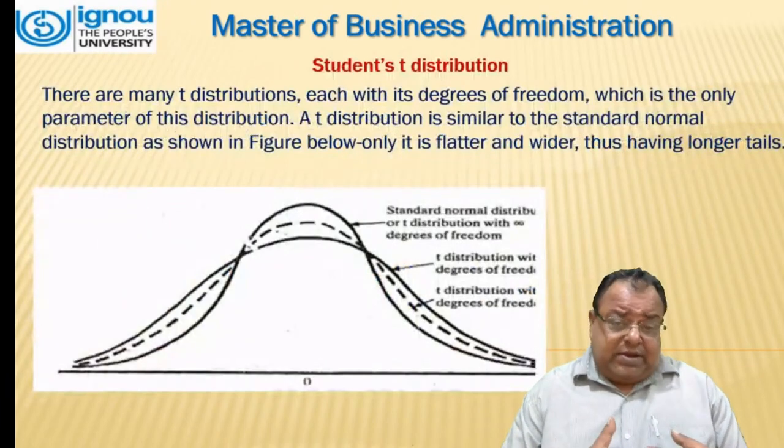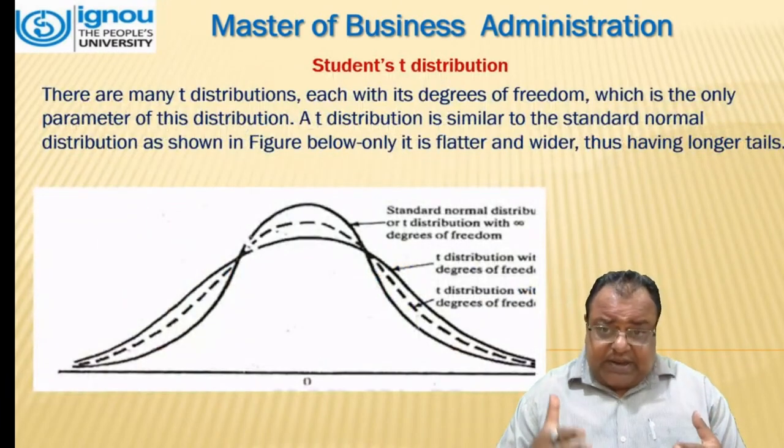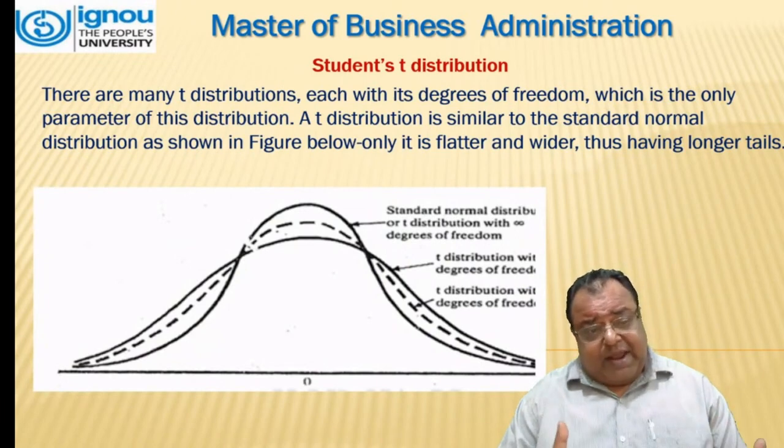There are many t distributions, each with its own degrees of freedom, which is the only parameter of this distribution.